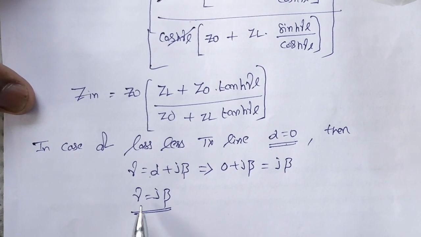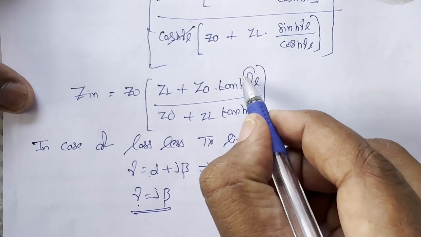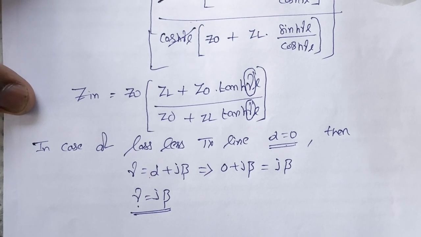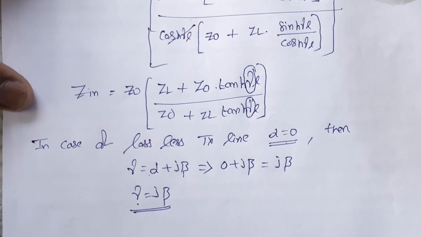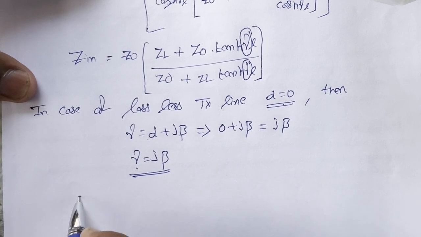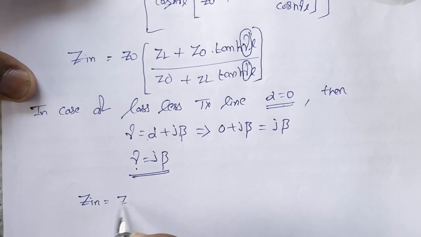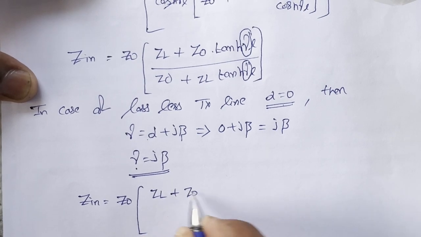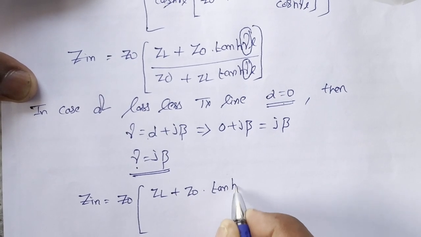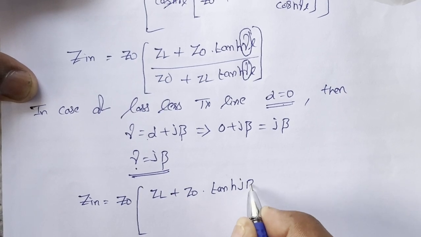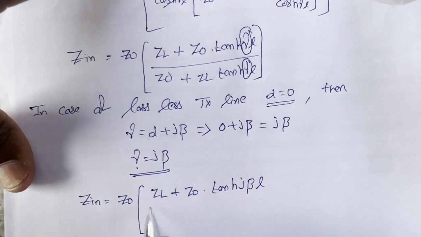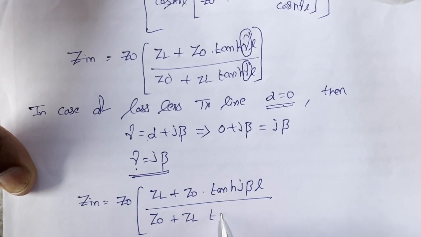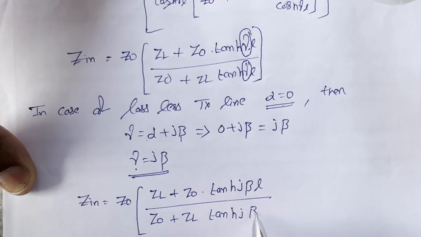Now I am substituting this gamma value in those two places. So it will become Zin is equal to Z0 into (ZL plus Z0 tanh j beta L) by (Z0 plus ZL tanh j beta L).